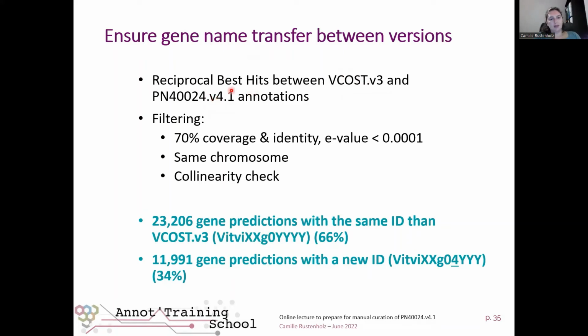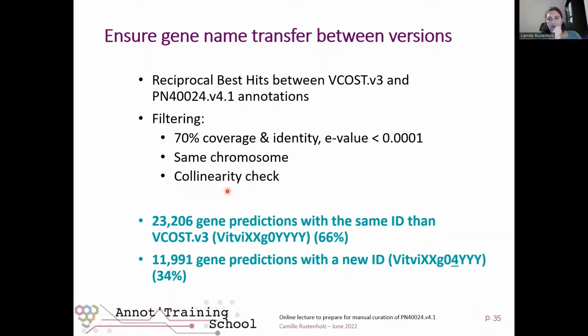To do that, we started with reciprocal best hits between the two annotations. For the pairs of genes that had a reciprocal best hit between the two versions, we performed filtering. There needed to be 70% coverage and identity between the two genes. They needed to be on the same chromosome, and overall the collinearity, so the neighbor genes, should also have the conserved name.